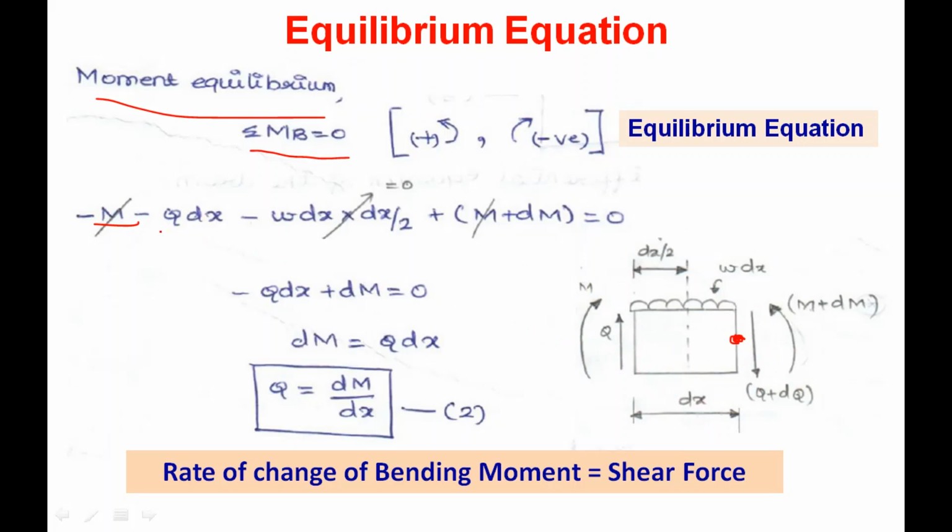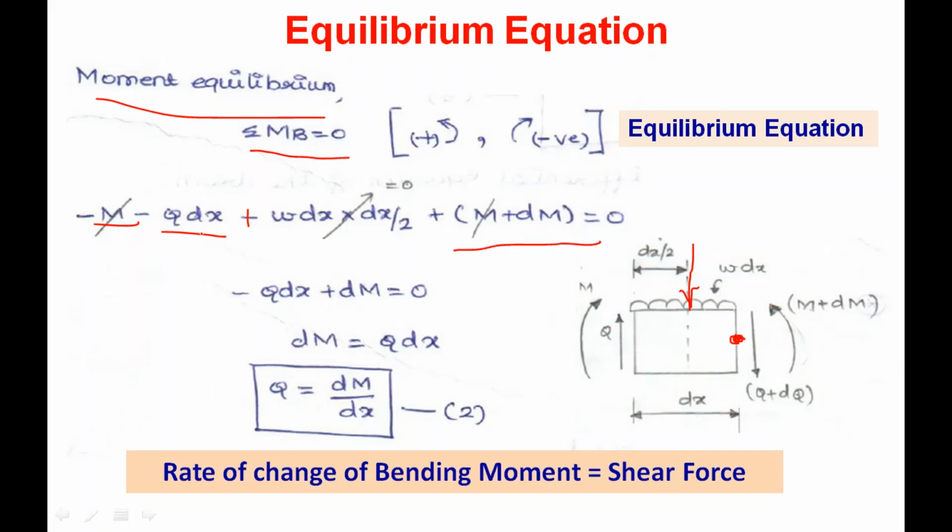The distance is dx, so minus Q dx, and the w dx is acting at this point, w dx acting downwards, so with respect to this point it will form a counterclockwise moment, so w dx into dx by 2, this is going to be positive. Then we have M plus dM, a counterclockwise moment, that is taken here.